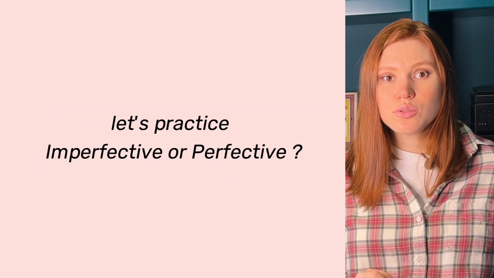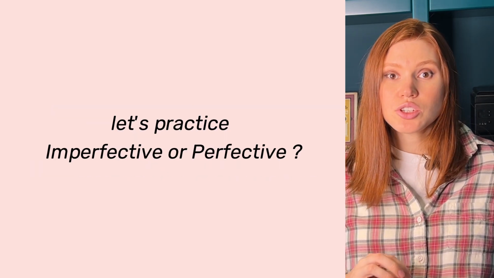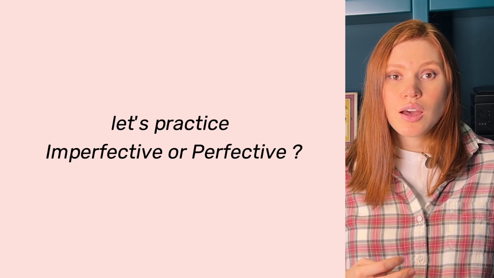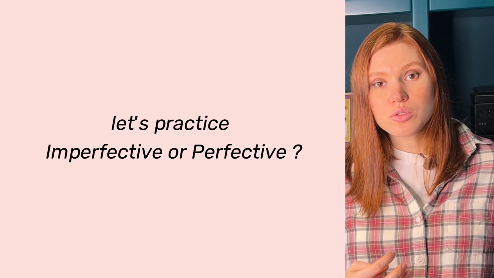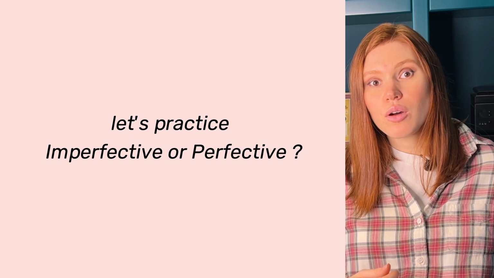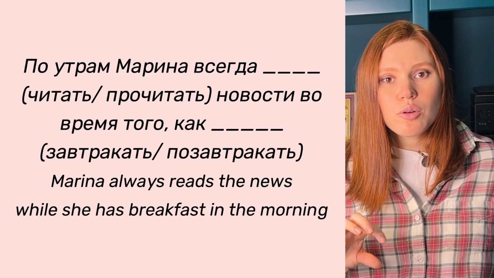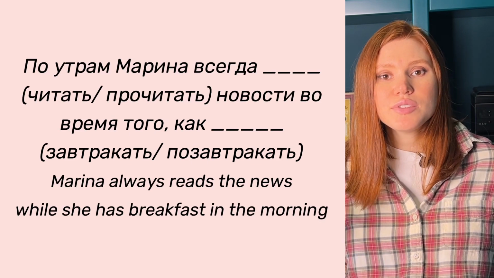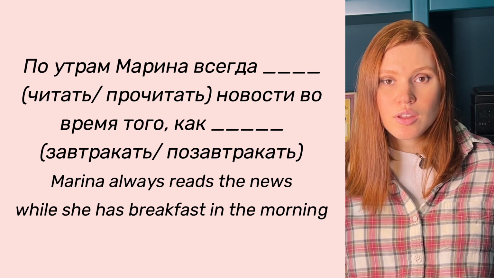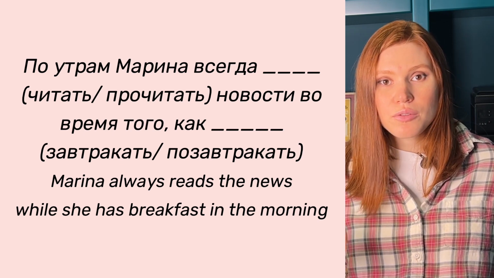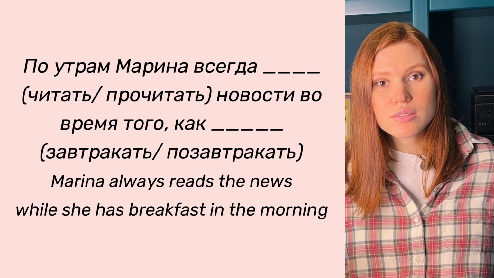Okay, now let's do a little exercise in which you need to guess which verb you need to use, imperfective or perfective. По утрам Марина всегда новости во время того, как.